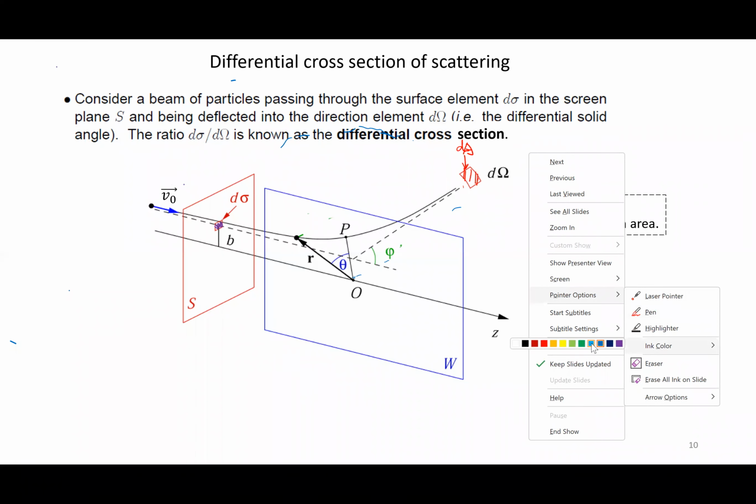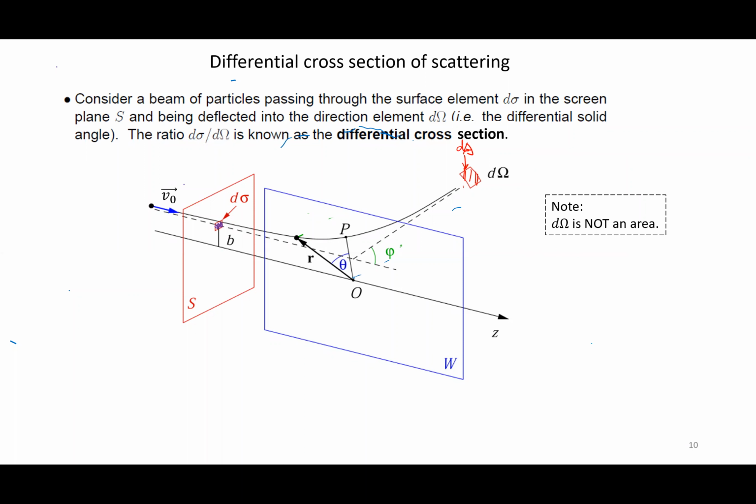It is defined as dA divided by R squared, where capital R is the radius of this spherical surface.